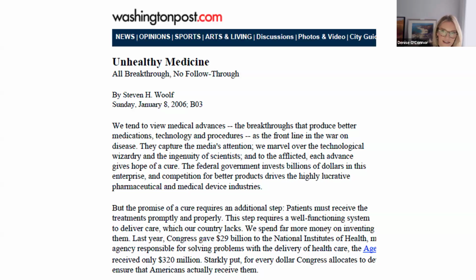The argument was that there was no follow through of existing research into routine healthcare practice, and that the hundreds of billions of dollars of investment per year worldwide in biomedical and health research wasn't being capitalized on, but was being wasted because of those research translation failures, which we know leads to saving more lives and improving patient outcomes.